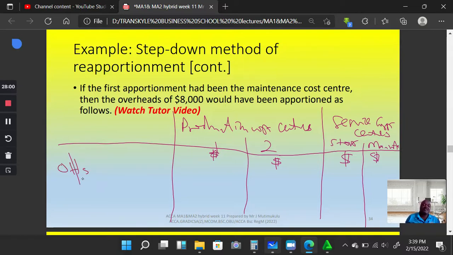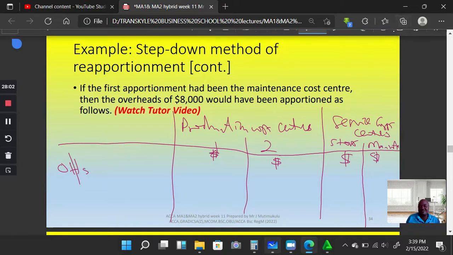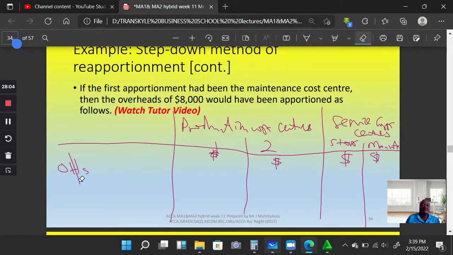Okay, it's just my shortcut for overheads.